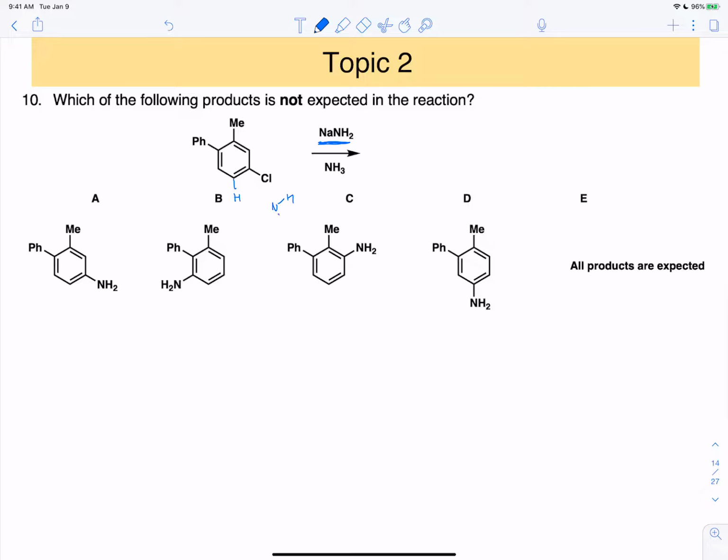So the way this works is you have the sodium amide. It actually has 2 different options. It could either attack this hydrogen, or it could also attack the hydrogen on the other side. I'll draw both of these out below.